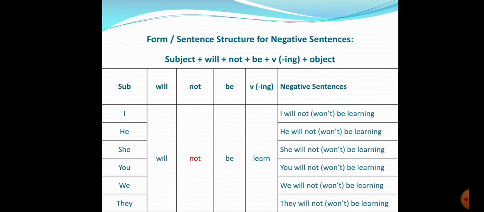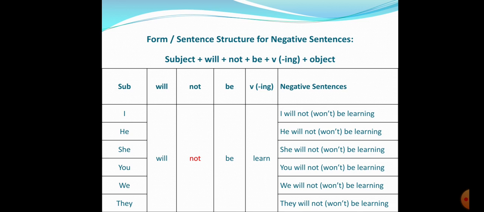I have combined will plus not, so you get won't. I won't be learning. He won't be learning. She won't be learning. You won't be learning. We won't be learning. They won't be learning. Understood, student?